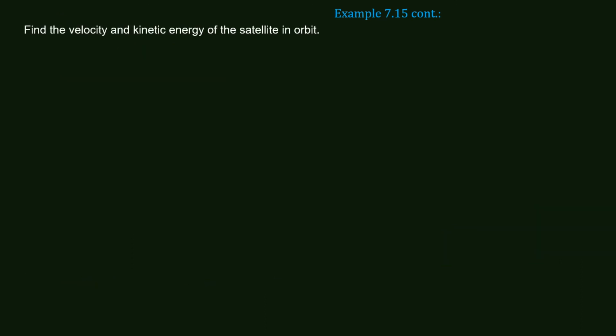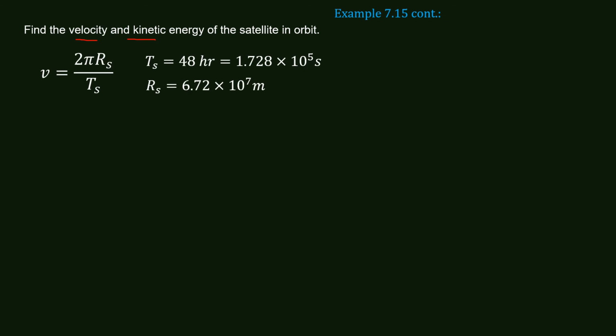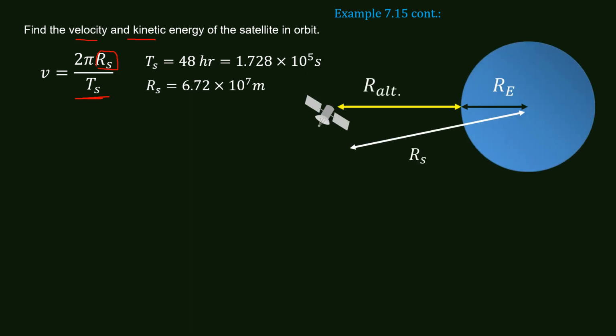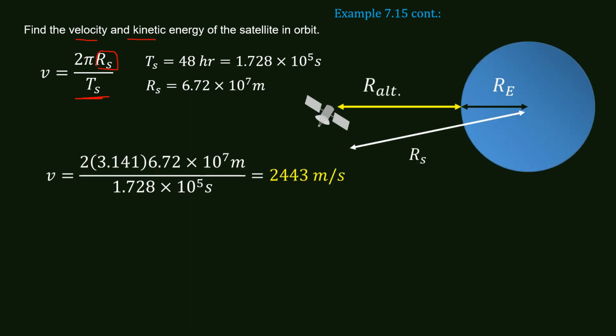Find the velocity and kinetic energy. We're going to use this equation here, V equals 2 pi R of S over the period. Make sure that you use R of S in this equation, not the altitude, and also the period of the satellite. We have these values here. Plug those into the equation, and we get our velocity.